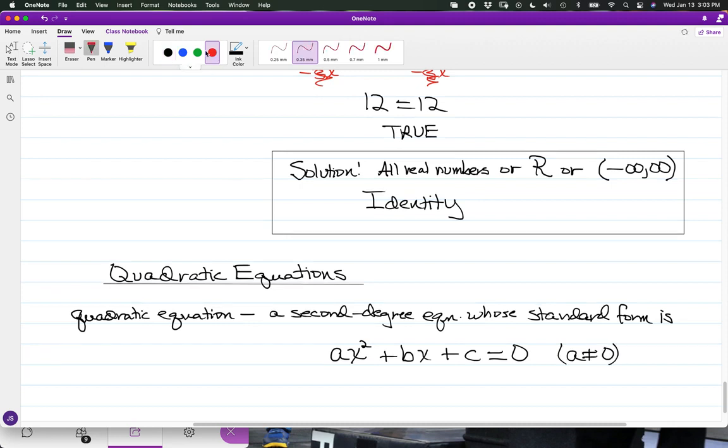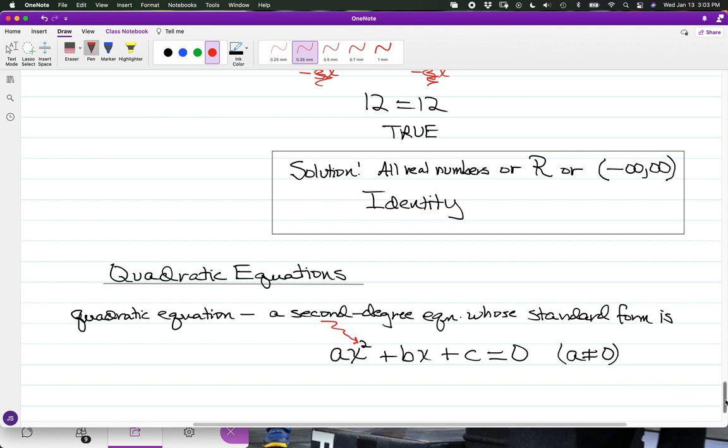What I mean by second degree equation, for the independent variable we have at x, is that second degree is in reference to the power 2. And if a were equal to 0, this term would vanish and you would no longer have a second degree equation.